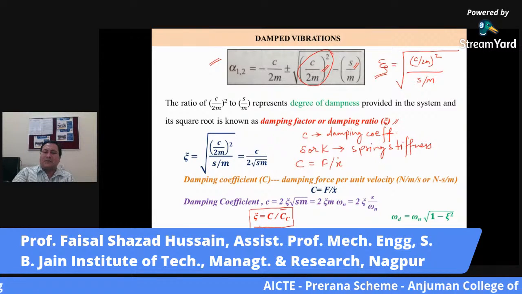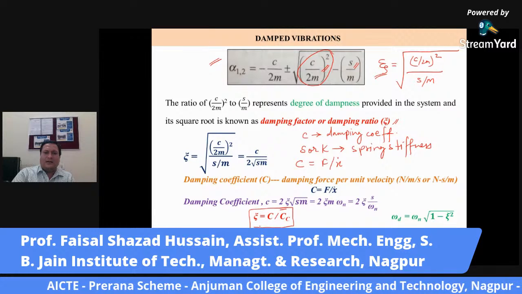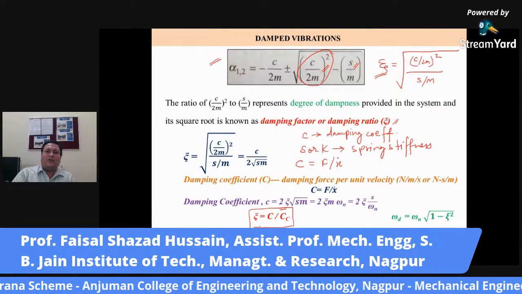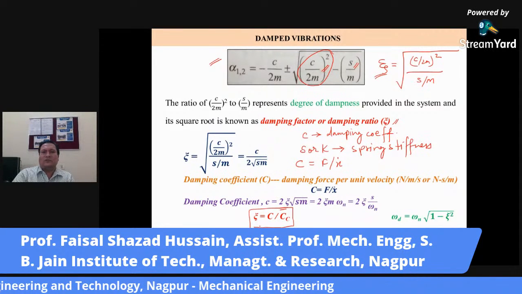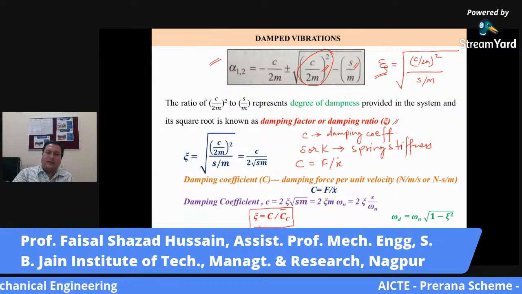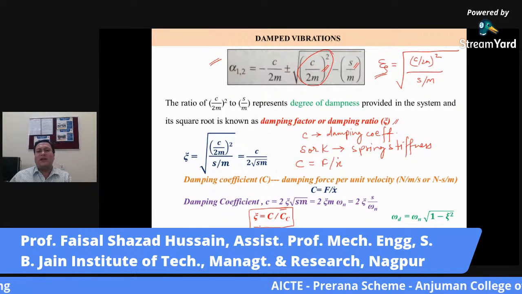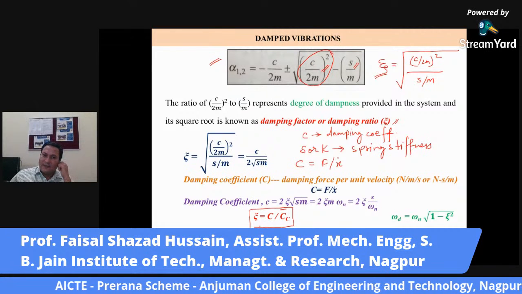So, if I sum up this damped vibration, I can say that the value of damping coefficient which makes the radical zero is called the critical damping coefficient, and the corresponding value of damping coefficient c is denoted by Cc.